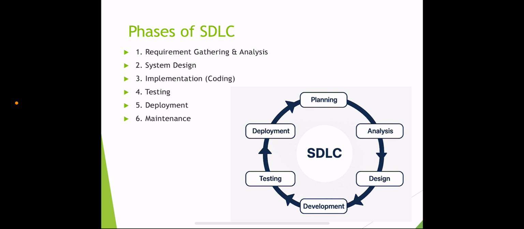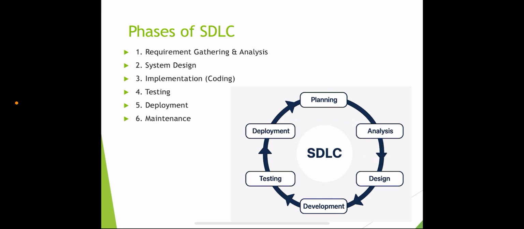So what is the maintenance phase? Whenever the application goes live, if an end user finds any defect or any issue while using the application, that defect is taken as a hot fix on the production environment.